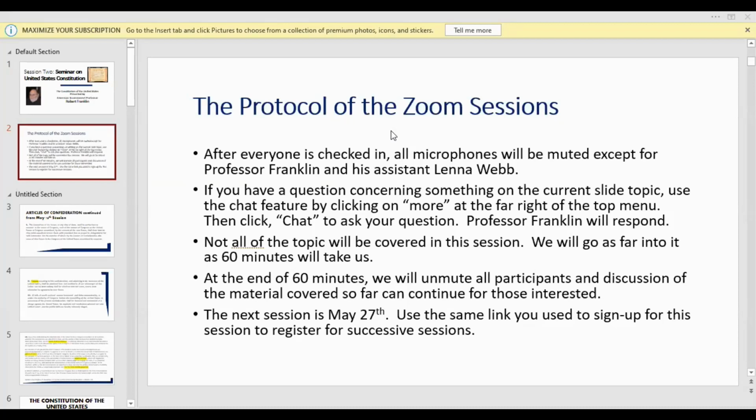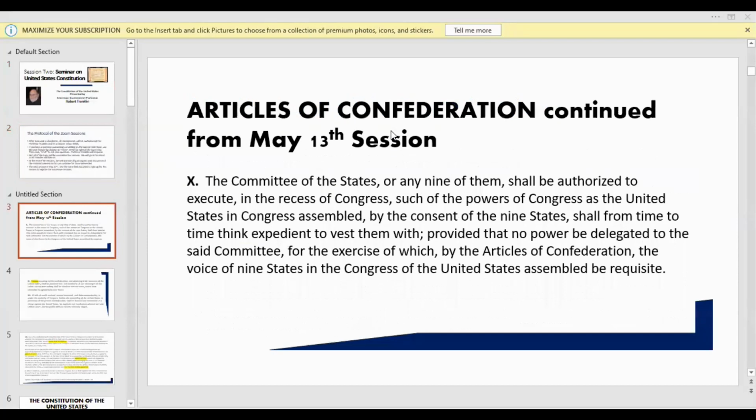Okay, so let's move on to our next slide, which is the Articles of Confederation. I think there are only three more slides left in this series. Just a real brief recap. In 1776, when the Continental Congress declared its independence from England, it had created a confederal form of government called the Congress, under the Articles of Confederation.